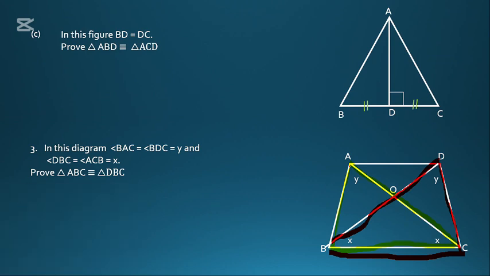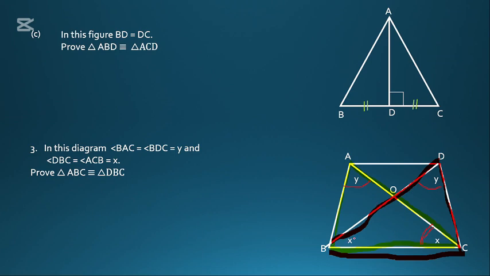Right, let us concentrate on this yellow one quickly. You see, in the yellow one we have a Y, and in the red one, we also have a Y, which means these two angles, they are equal. In the yellow triangle here, we have an X. You see there? There's X there. And now we look at the red one again.